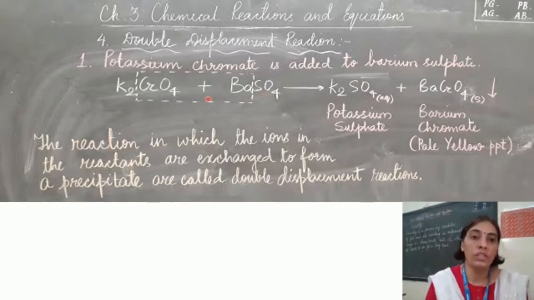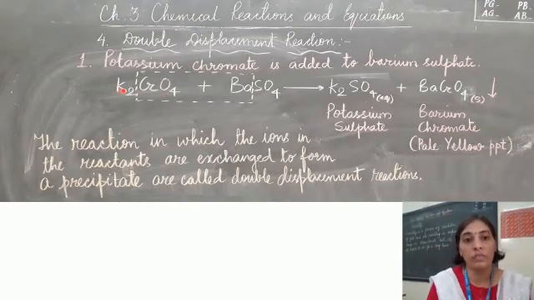Now if you have noticed, in these two reactants we have a positive as well as a negative radical in each. Potassium is positive and chromate is negative. Barium is positive, sulfate is negative. So when you mix the two reactants, they undergo bond breaking. The bonds present in this reactant and the bonds present in that reactant are going to break.